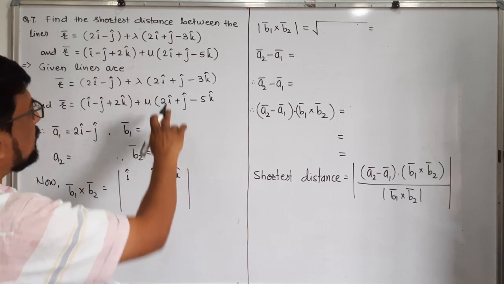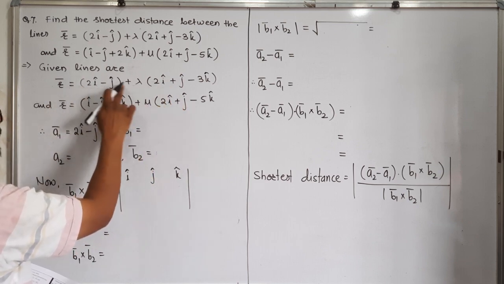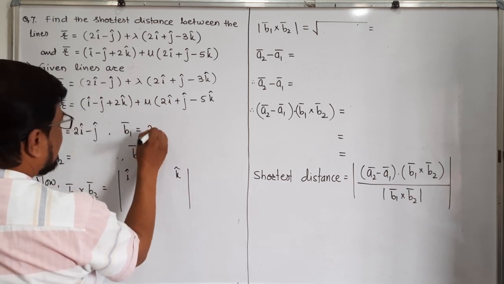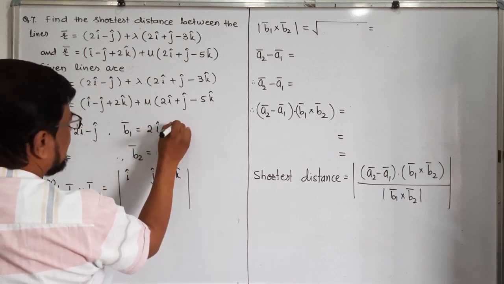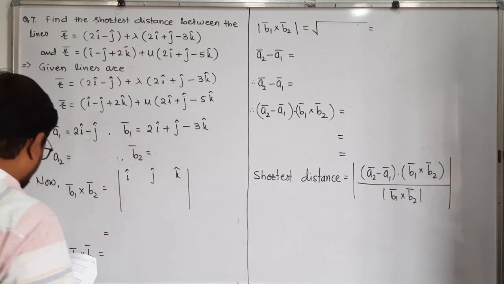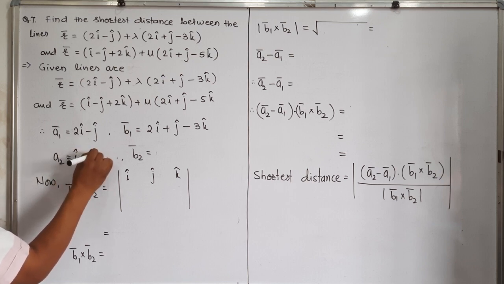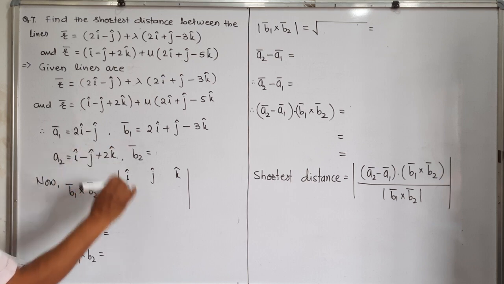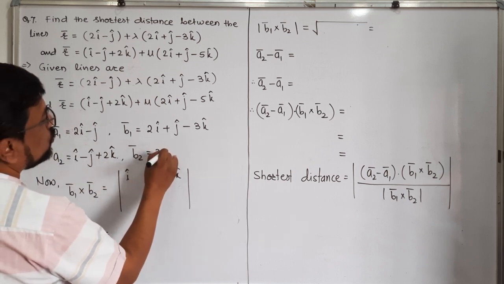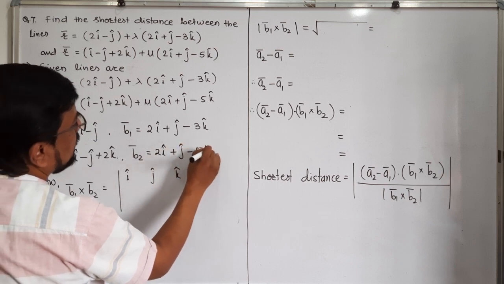Then b1 vector, because the first line is r vector equal to a1 plus lambda into b1. b1 vector is 2i cap plus j cap minus 3k cap. a2 vector is i cap minus j cap plus 2k cap, and this other vector is 2i cap plus j cap minus 5k cap.